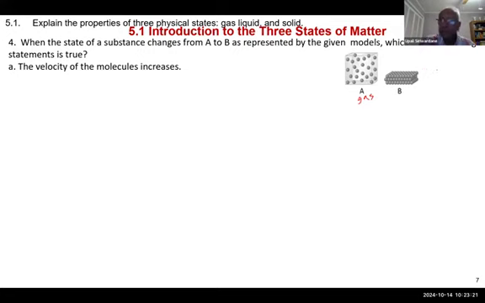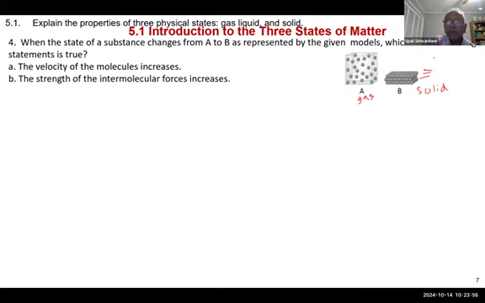B is a liquid or solid? How many of you see it as a solid? The previous diagram, we talked about liquid. This is regular arrangement of solid particles.